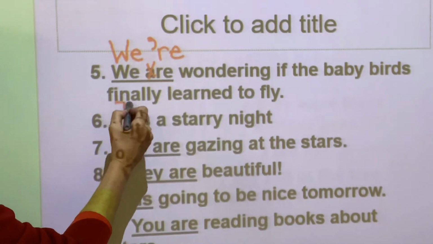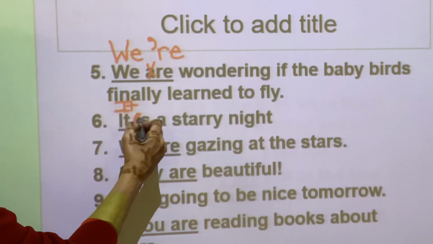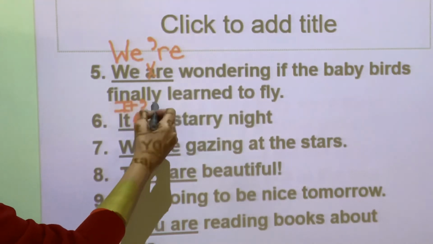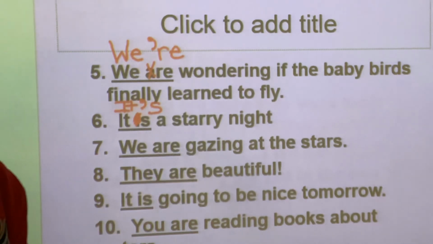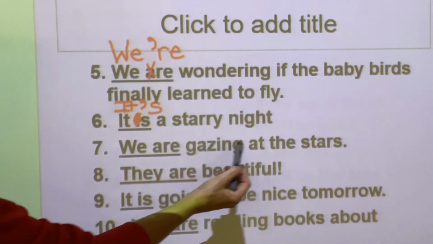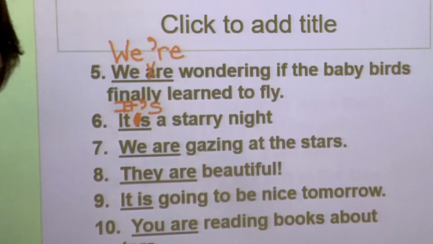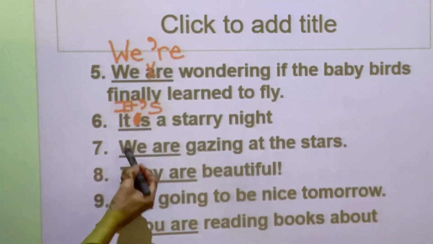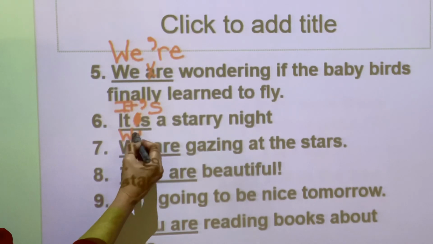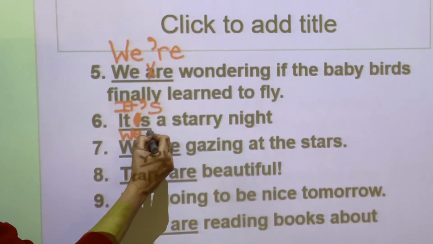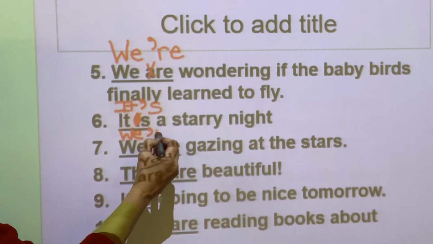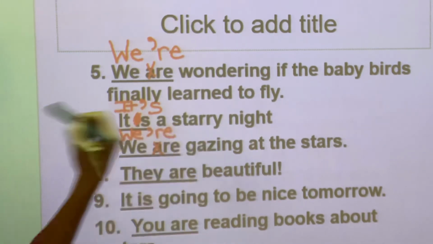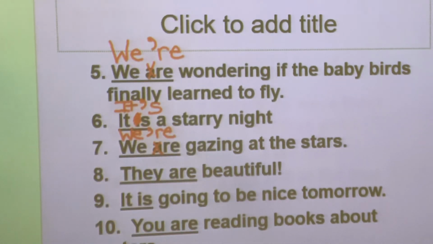Keep the first word, get rid of the vowel, put in an apostrophe, and add the last letter. It's. We are gazing at the stars. That should sound familiar. We just did it. We, get rid of the A, put in an apostrophe, add R-E. We're gazing at the stars.